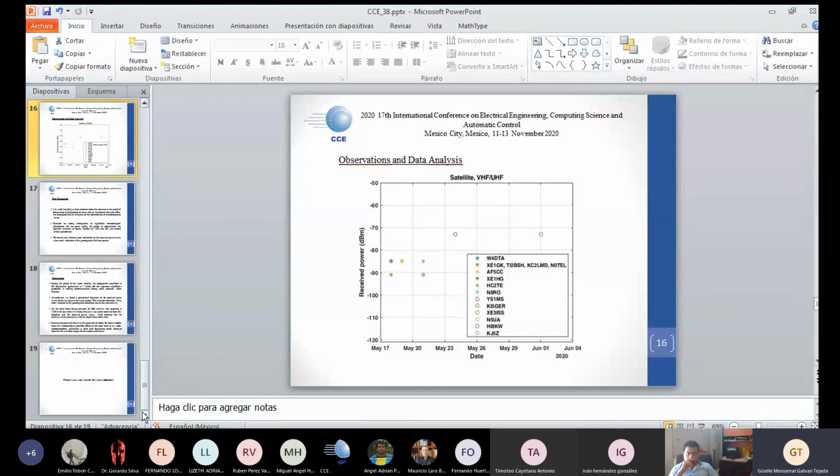About the satellite stations, we didn't appreciate remarkable variation as in the ground station, as we can see in the other band.